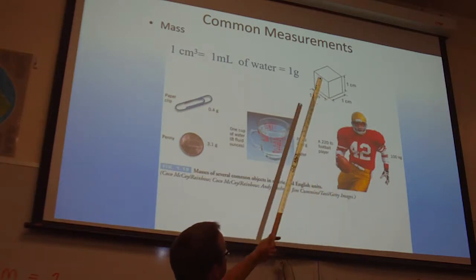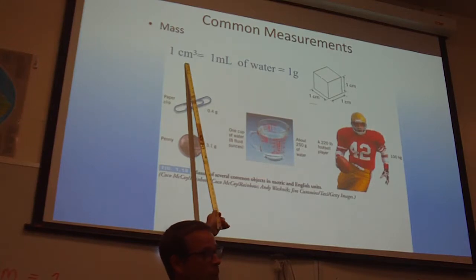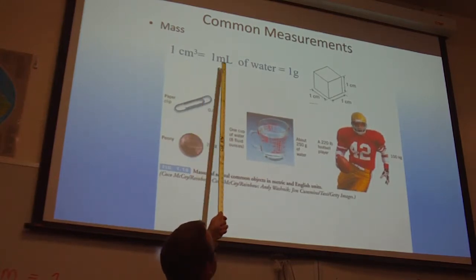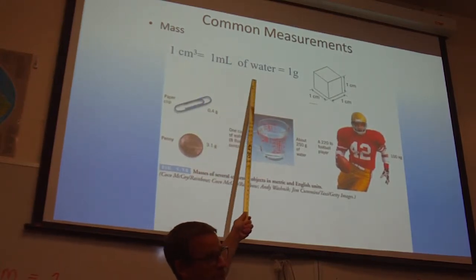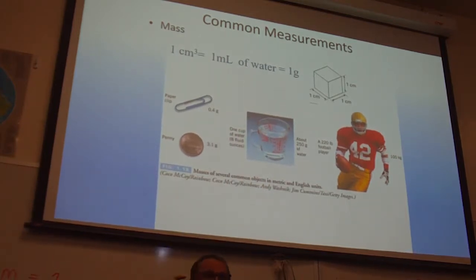This one is also interesting. If I take 1 cubic centimeter of water, that becomes the definition of a milliliter. All right? Or not just of water, of any substance. A cubic centimeter of whatever it is a milliliter of that. So we've taken centimeters, a length, and we've turned it into what kind of a unit?